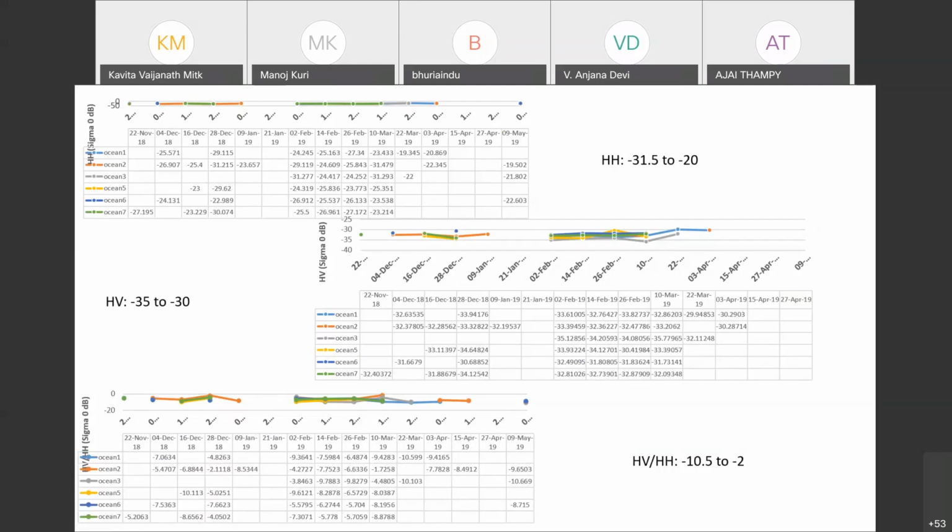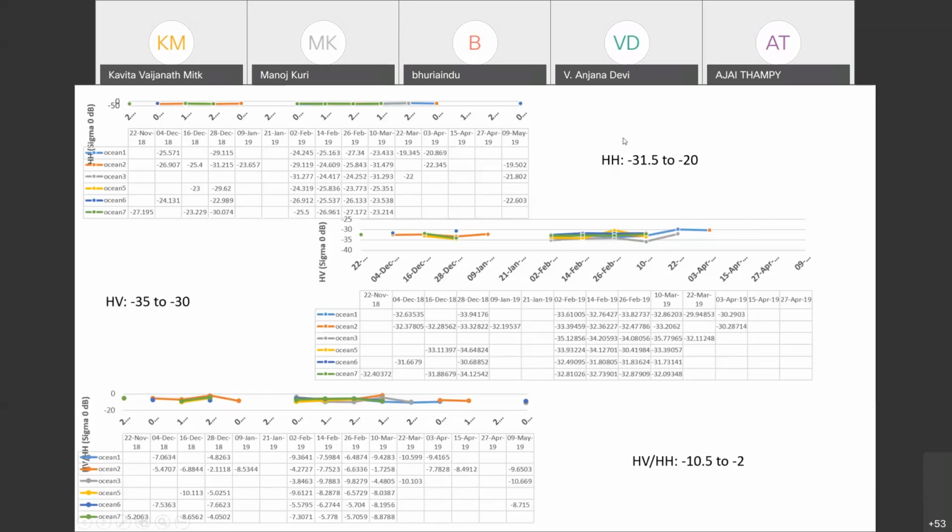And each sample we visually analyzed to see whether it is sea ice or open ocean, and the outliers were discarded, and the remaining, that is the pure sea ice and the open ocean, were compared, and the graphical representations were done.